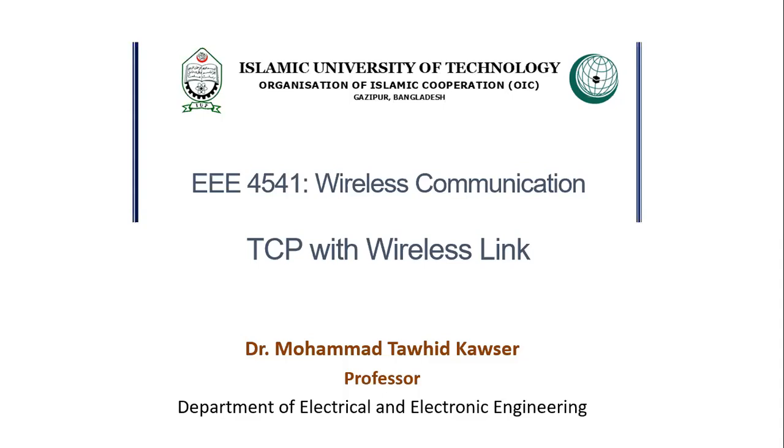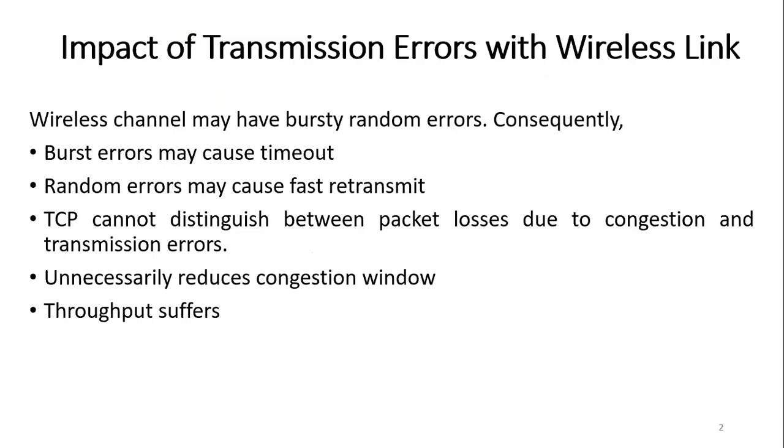The original TCP needed some changes, maybe a couple of decades ago. People started adopting some variations of TCP when there is a wireless link. What are the problems? TCP uses a congestion window to adapt to the network capacity.